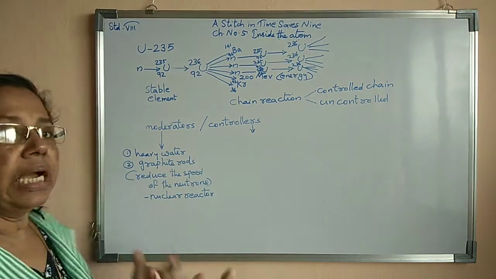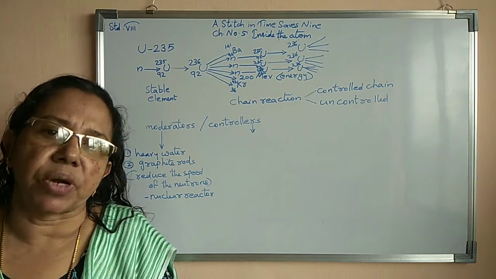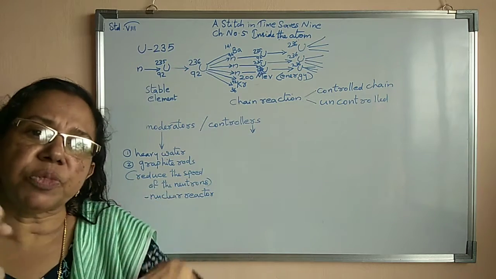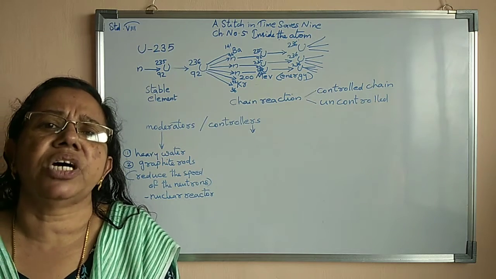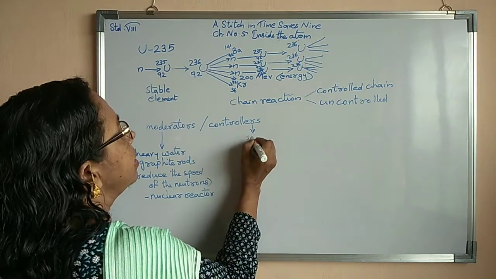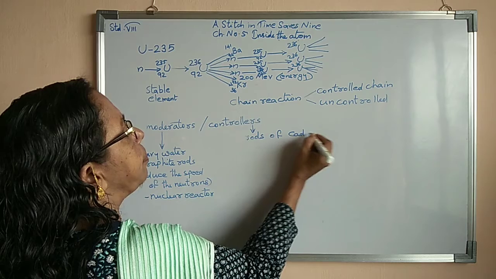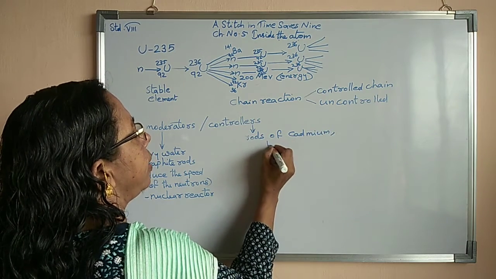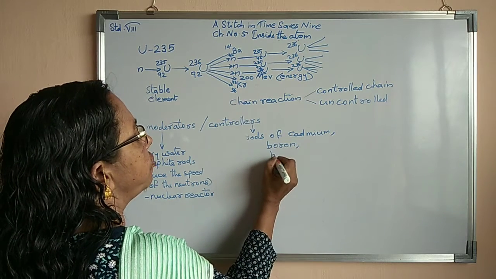The controllers' function is absorbing the excess quantity of neutrons produced. As and when more neutrons are produced, these controllers absorb the excess. The controllers are rods of cadmium, rods of boron and rods of beryllium.